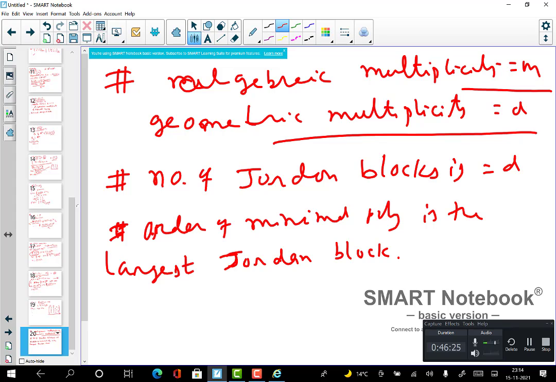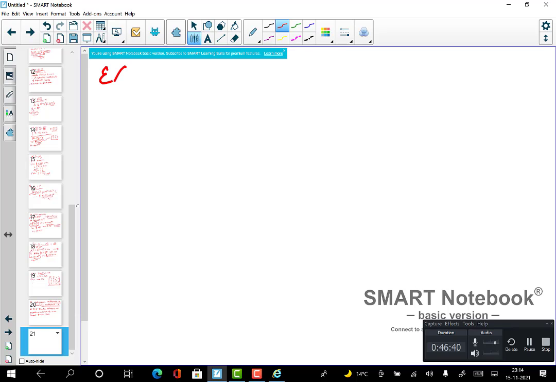Now let me discuss one example, and see what is happening here. Suppose I have a matrix, say A, or T, it doesn't matter, T with respect to the standard ordered basis of R3.